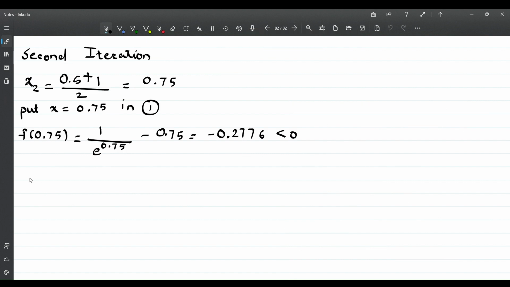So we'll write here: root lies between 0.5 and 0.75. Next one is the third iteration.